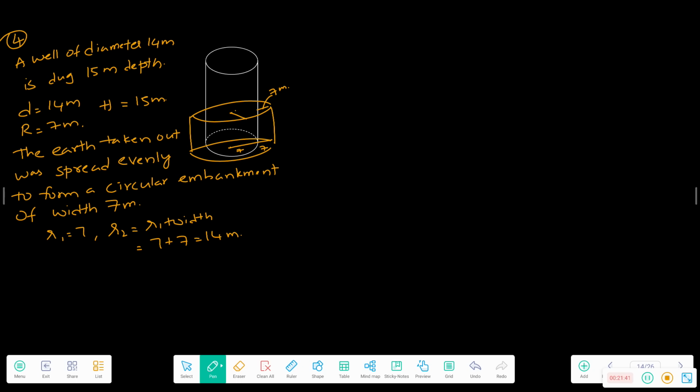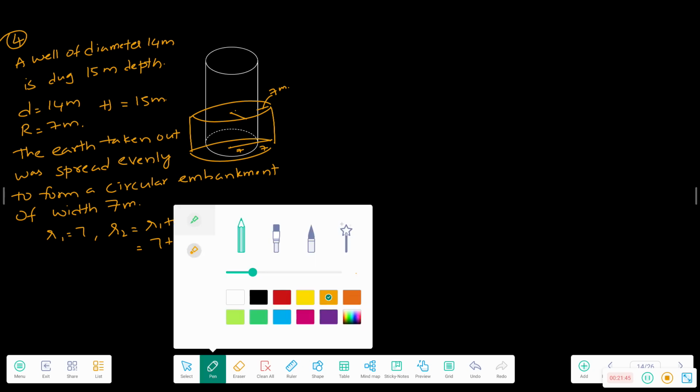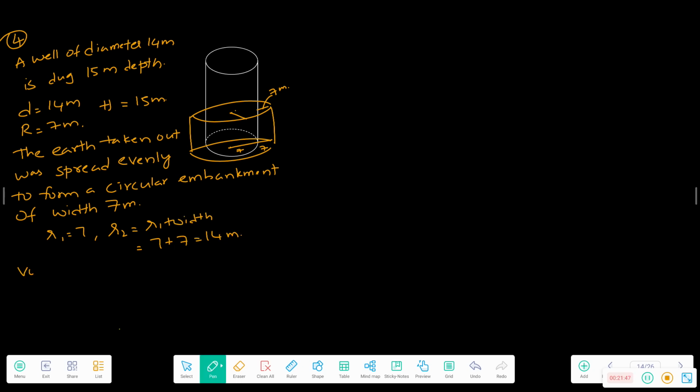Now what we get here, volume of the well is equal to volume of embankment.